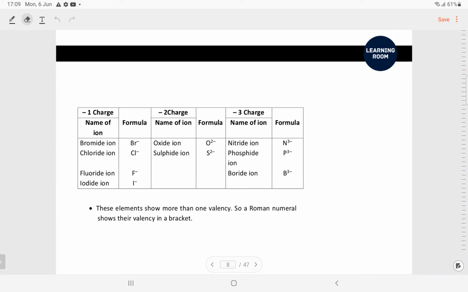So all the fluorine, chlorine, bromine, iodine. Look here. What happens in all of these 4 cases? 1, 1.